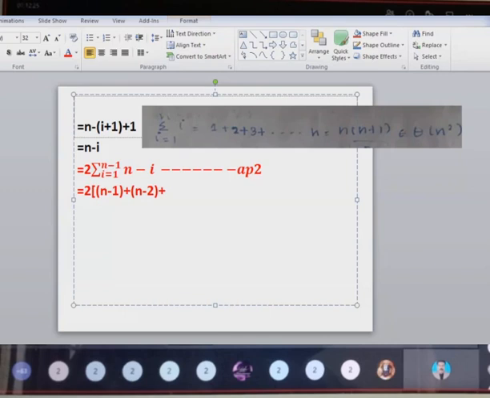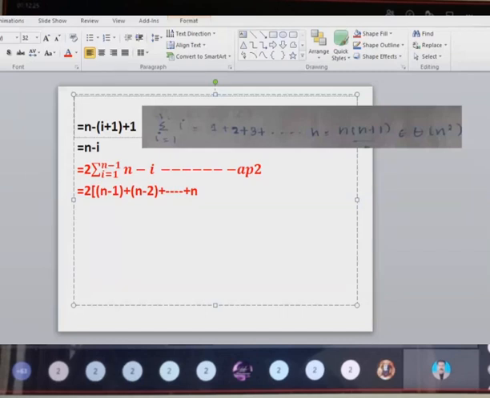Plus, next, what is the next substitution? Wait a minute, we'll download the attendance. What is the next summation? Next is n minus n plus 1, no, ma'am. Yes.